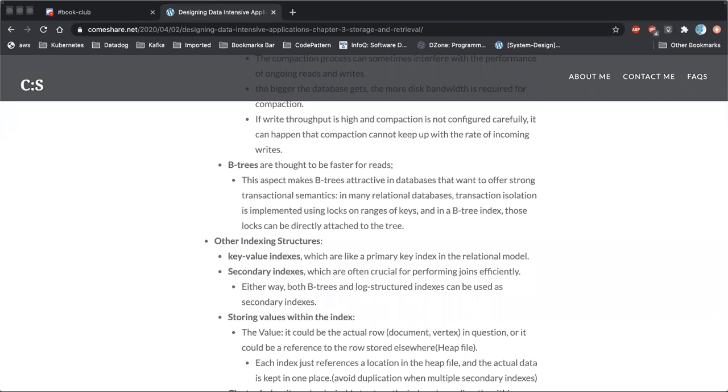Okay. So for B-trees also, if multiple threads are writing, then it could create a problem, right? But you are writing to different indexes, right? But what different index? There is one B-tree, and after a write, you don't know what might happen.